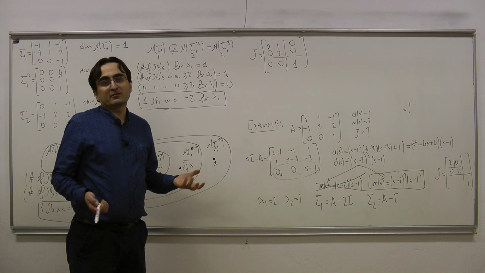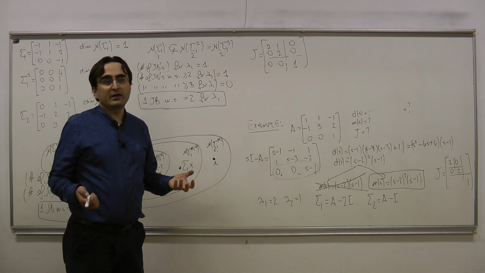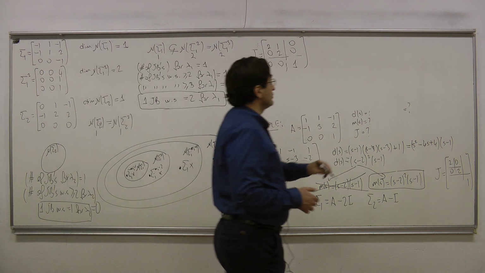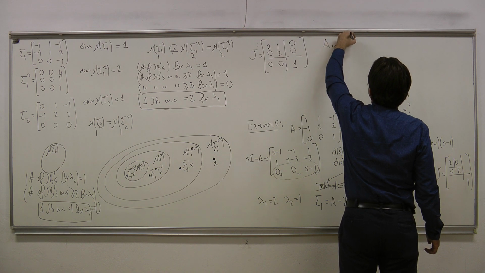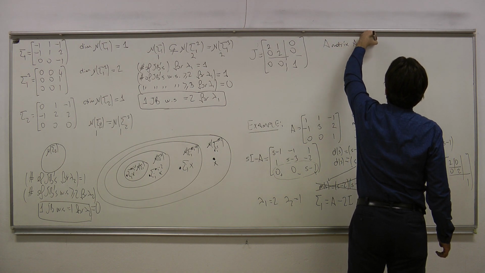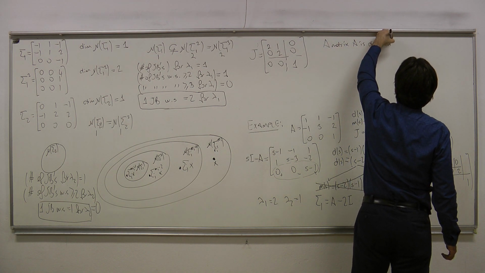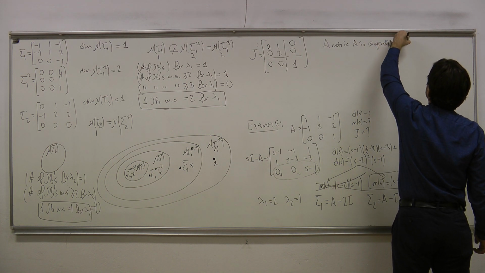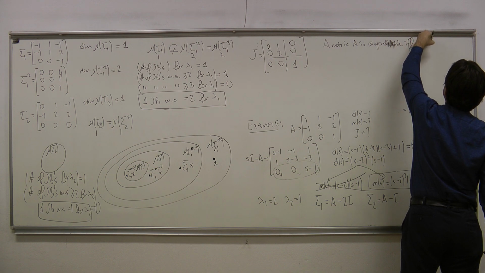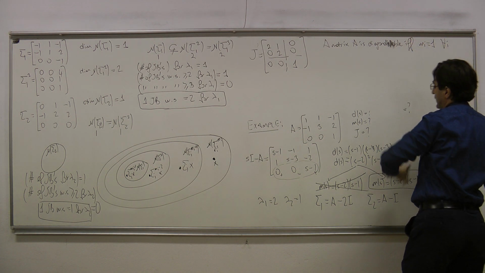But that also tells us that our matrix A is diagonalizable. So we have actually this fact: a matrix A is diagonalizable if and only if mi is equal to 1 for all i.